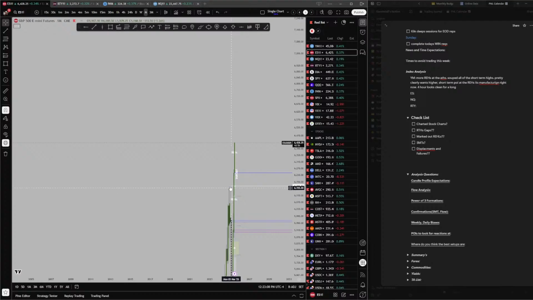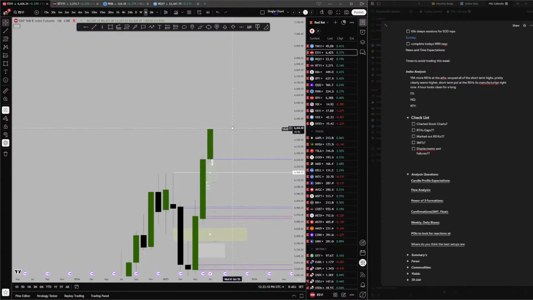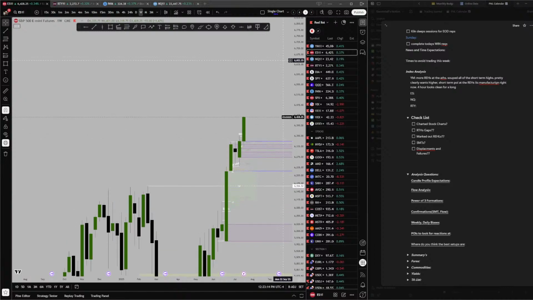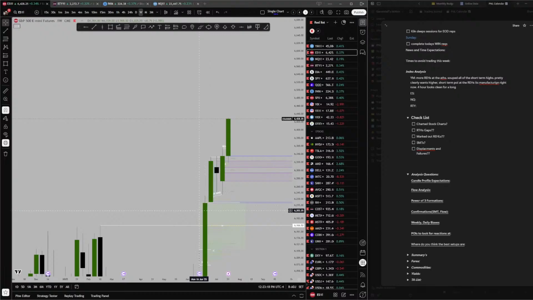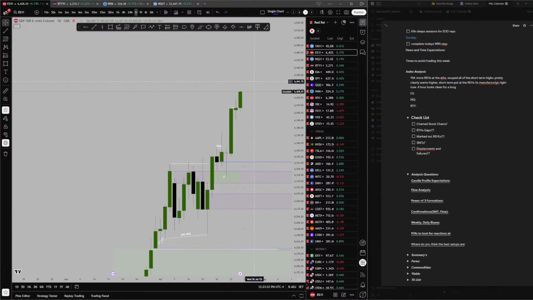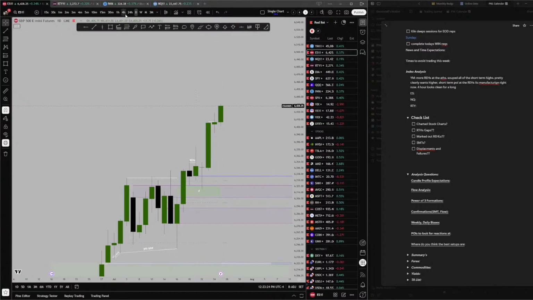Alright, ES pumping, pumping on all of the time frames. Weekly looks really clean. Daily, we've got a nice inefficiency here.